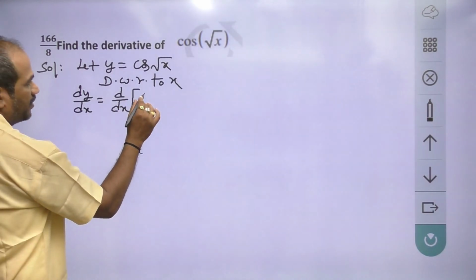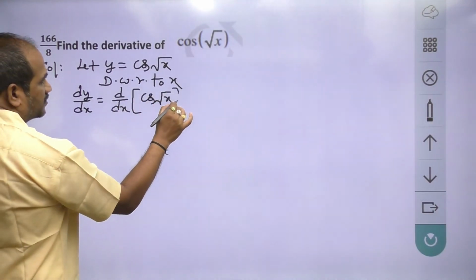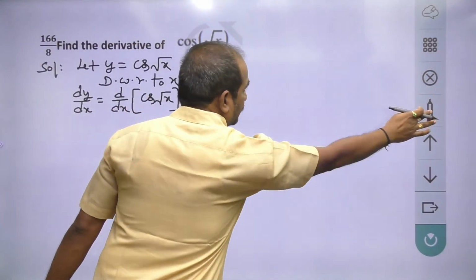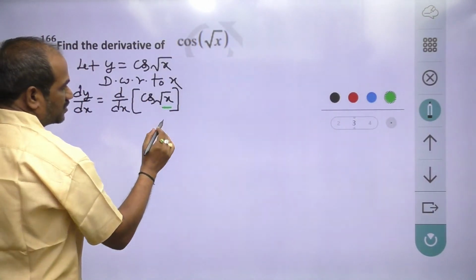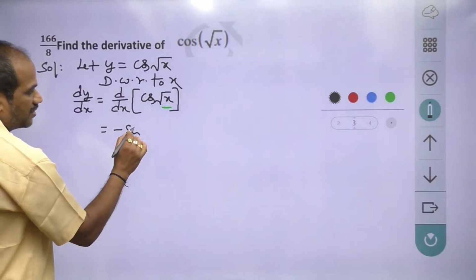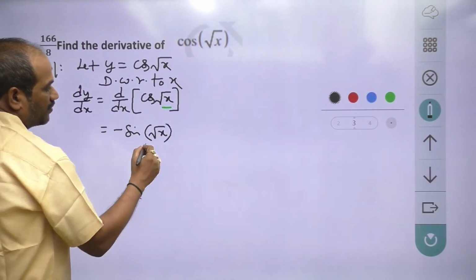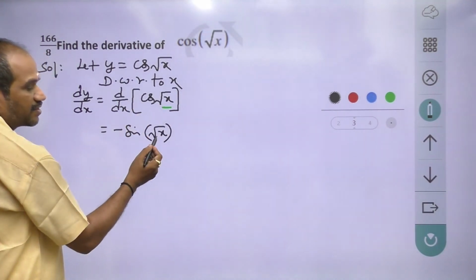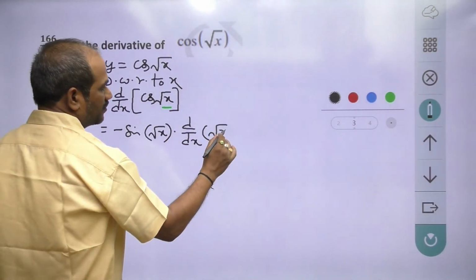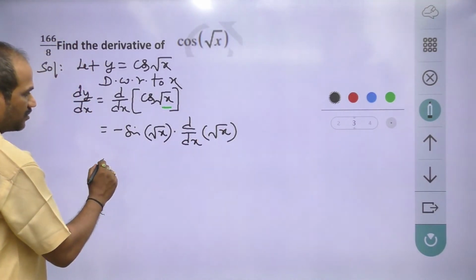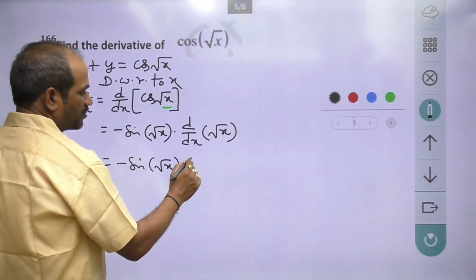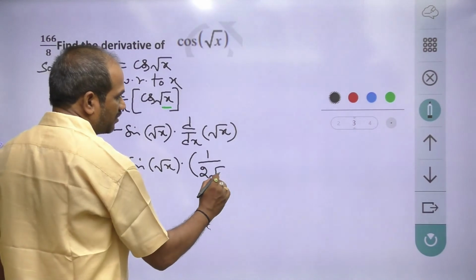d by dx of cos of root x. The derivative of cos x is minus sin x, so that is minus sin of root x, into another function: differentiate d by dx of root x. So that is equal to minus sin of root x into d by dx of root x, and d by dx of root x is 1 by 2 root x.